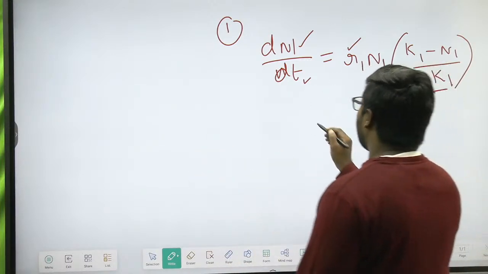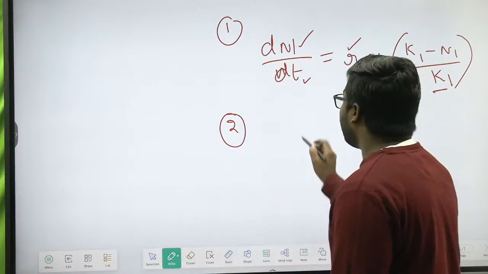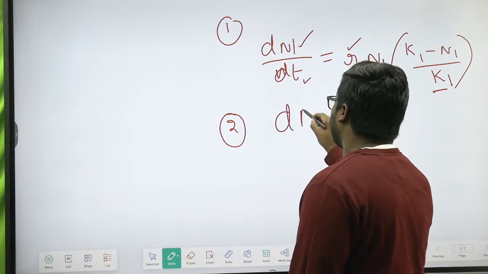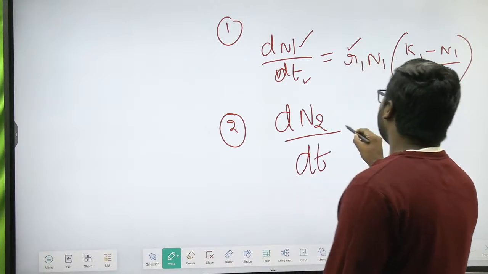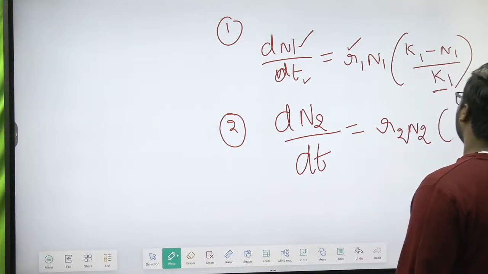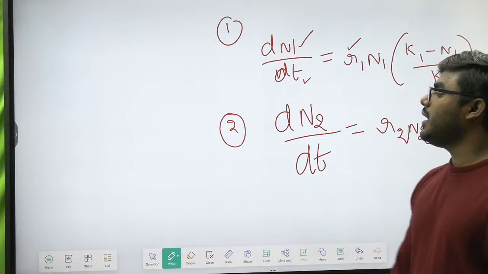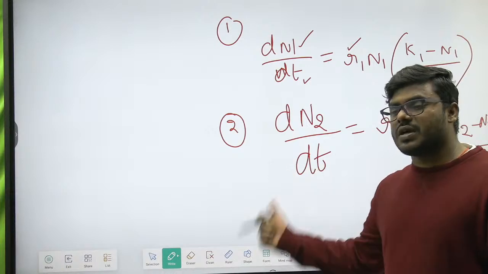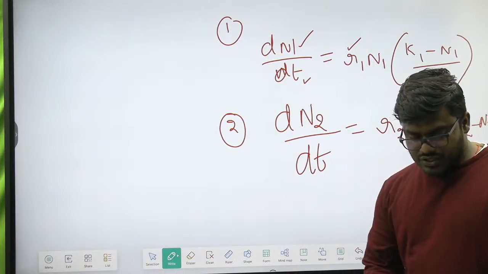Now in the same way, write another equation for species 2, which is growing alone without any competition: dN2 by dt equal to r2 N2 (K2 minus N2) by K2. This is the equation for the species which is growing alone without competing with species 1.